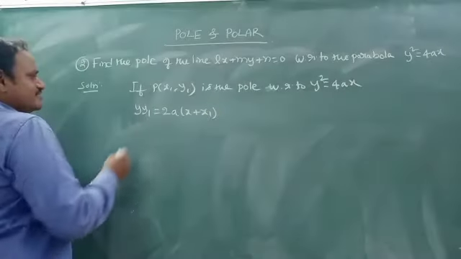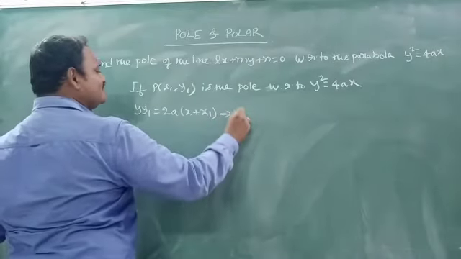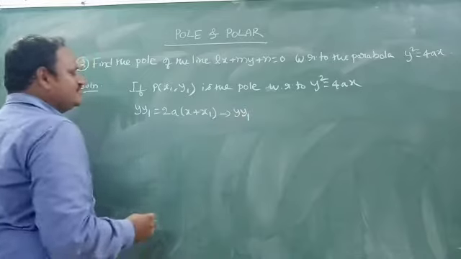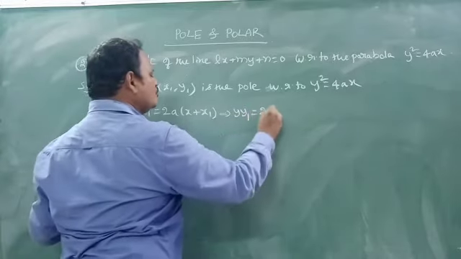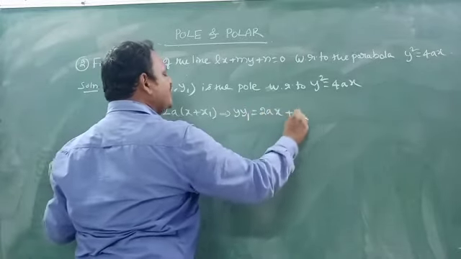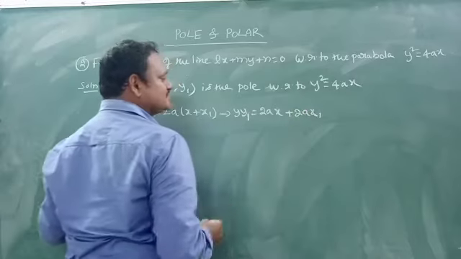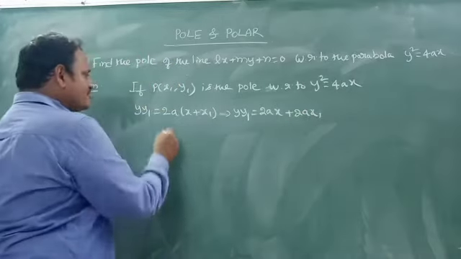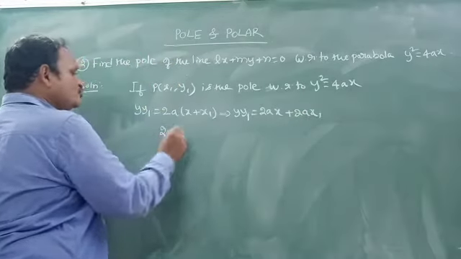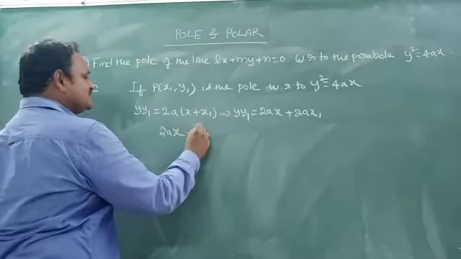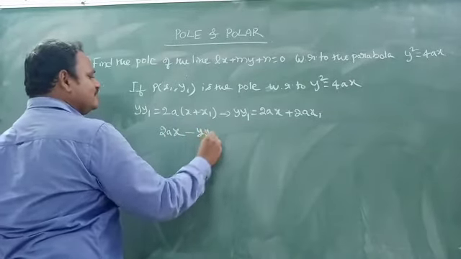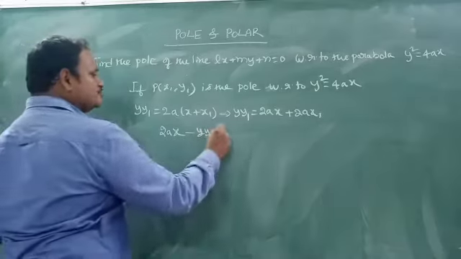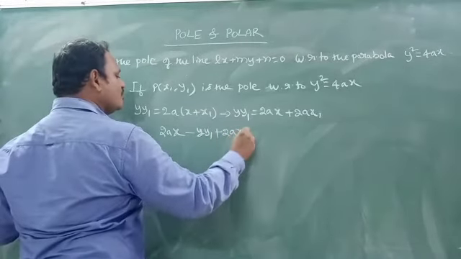That means, you see my dear students, we simplify this. y1 is equal to 2ax plus 2ax1. We are having it like this, right? Now we will write this in the proper form, 2ax minus y1 plus 2ax1 is equal to 0.